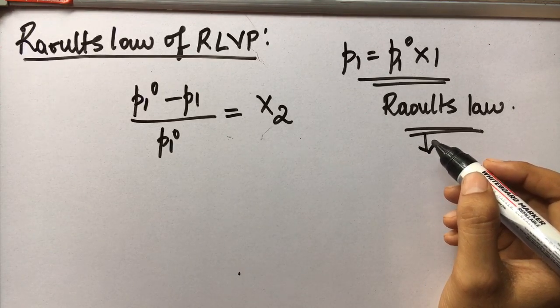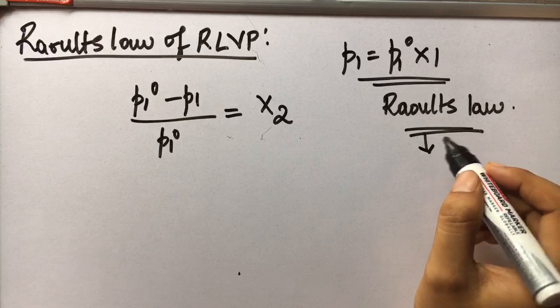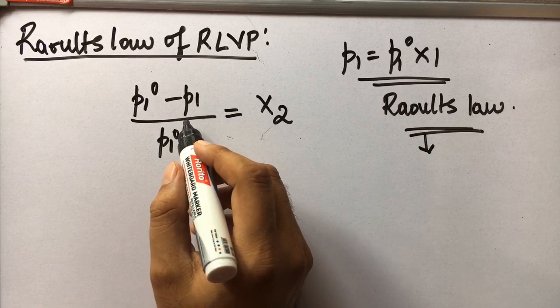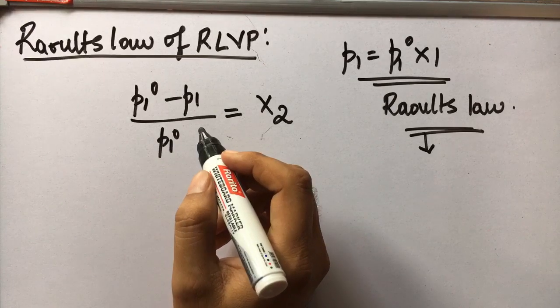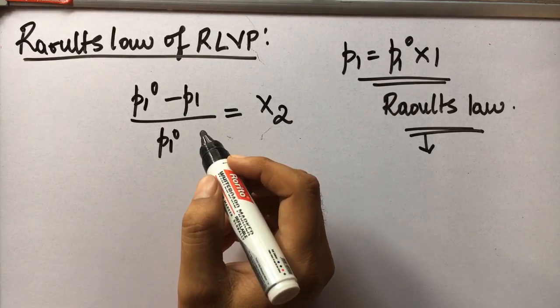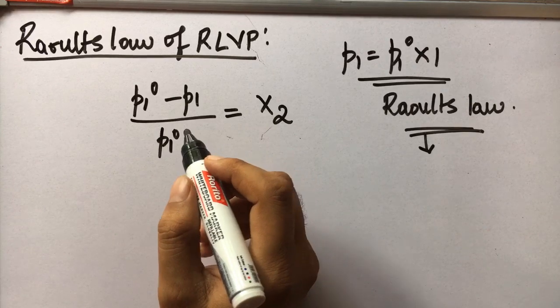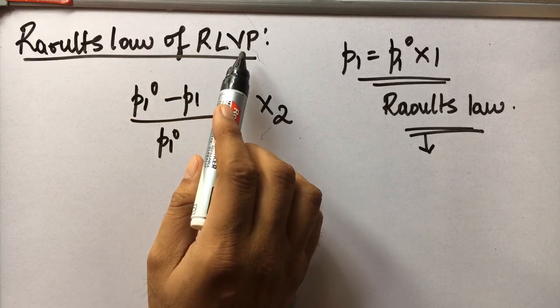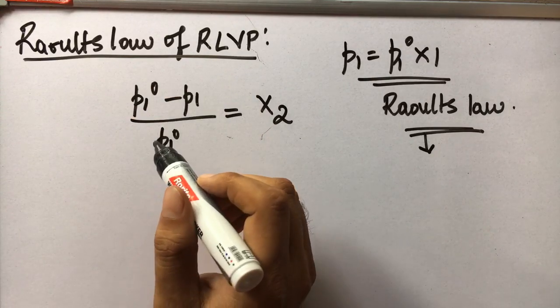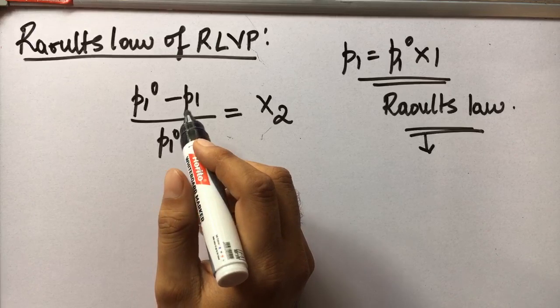Now what you are studying is Raoult's law of relative lowering of vapor pressure. Just go to your study material, page number 86, and you can see Raoult's law of relative lowering of vapor pressure. That can also be asked for 1 mark.